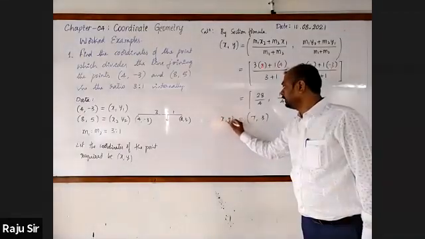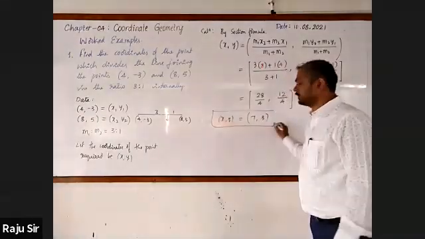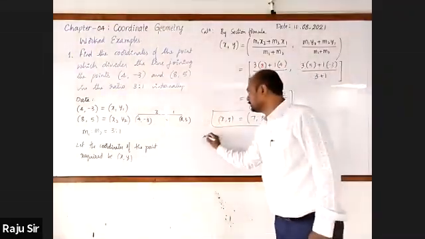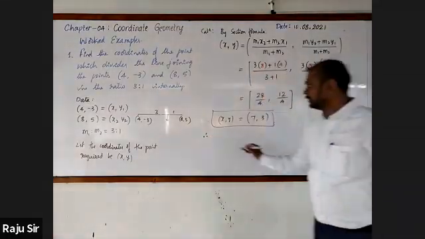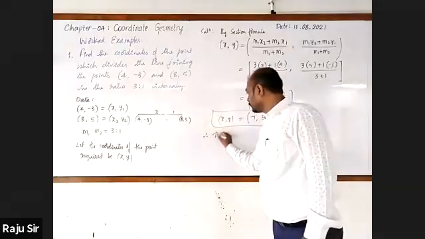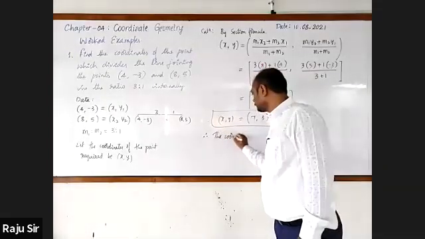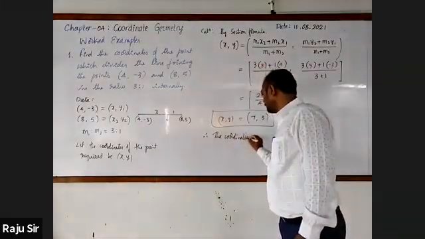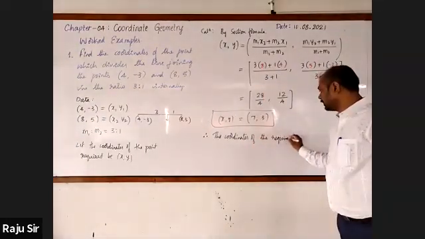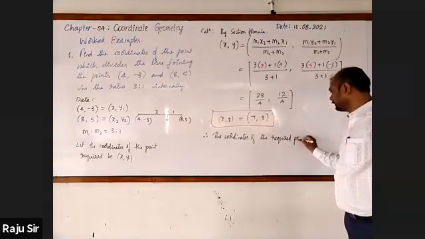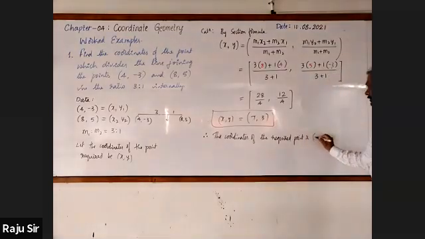X comma y is 7 comma 3. Conclusion: therefore, the coordinates of the required point is 7 comma 3.